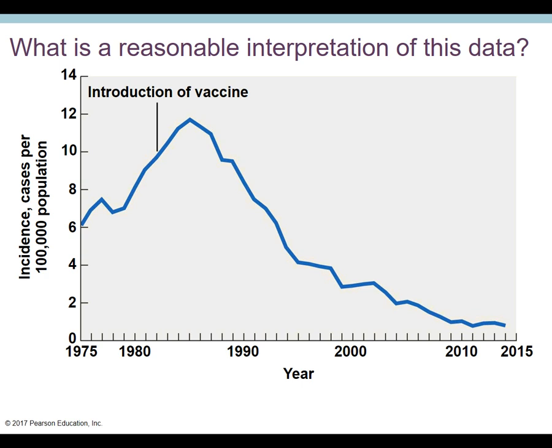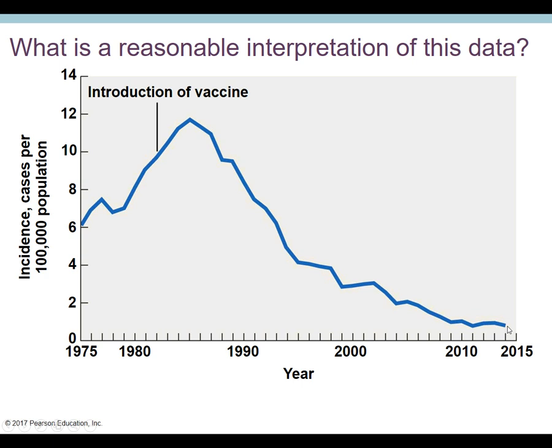And then the last thing we looked at in this lecture is just a general epidemiological graph. A lot of different diseases look kind of like this. The year at the bottom might be different, but you have a disease. It's at a reasonably high incidence. Then they come up with a vaccine. When they introduce the vaccine, typically there's a little bit of a lag time before you start seeing the incidence of the disease drop.